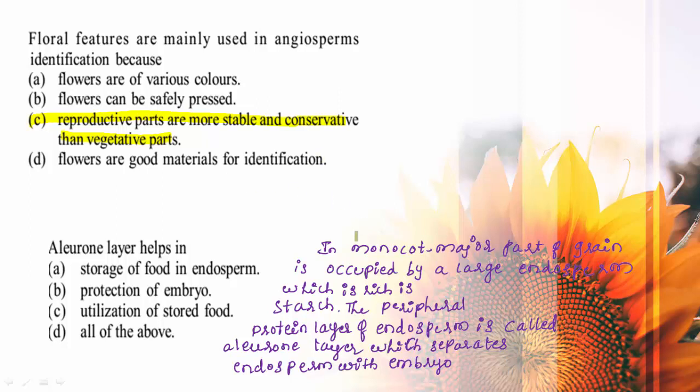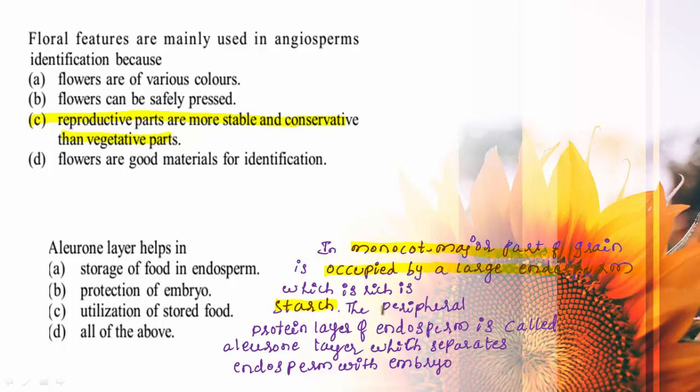It is the part of monocot and occupied in monocot grain. Major part is occupied by the endosperm, and endosperm is the reserve food which is rich in starch.